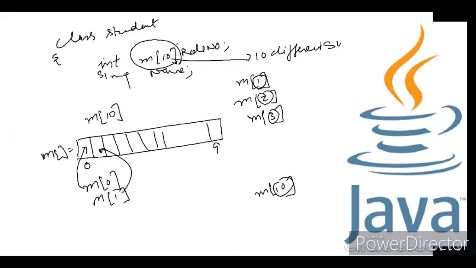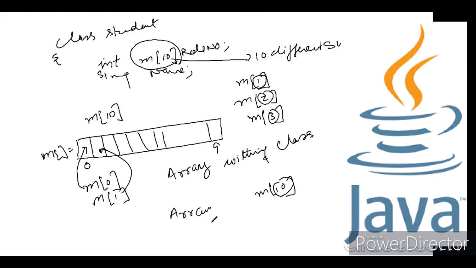So this concept, declaring an array inside the class as a data member, is the concept of array within class. And what was the last one?